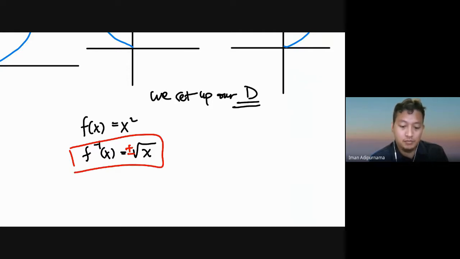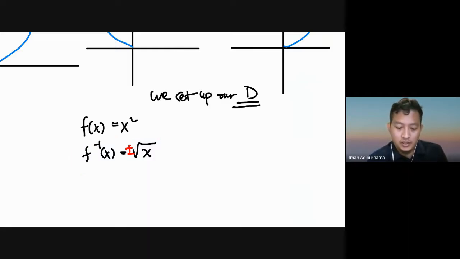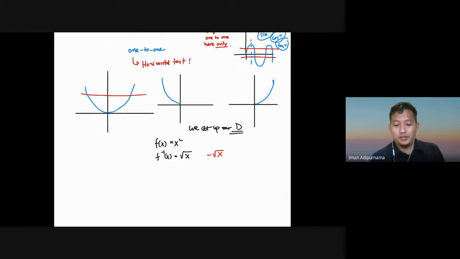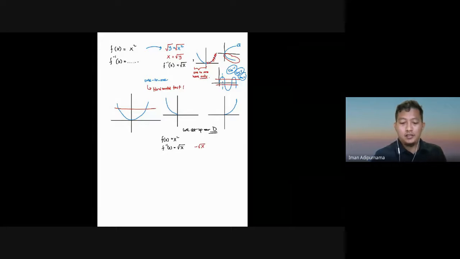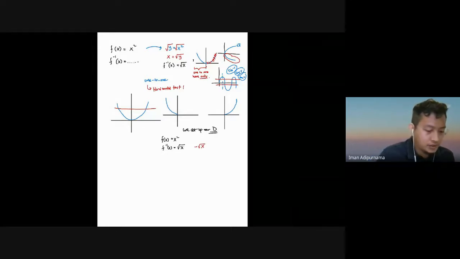Why? Because your domain and range are mixed. So you can just write one here or here. That's also correct. That's the inverse.